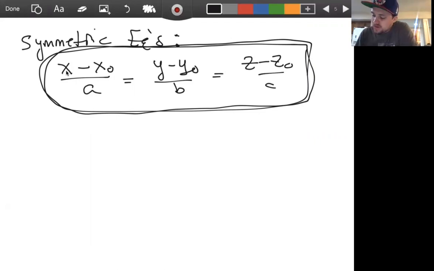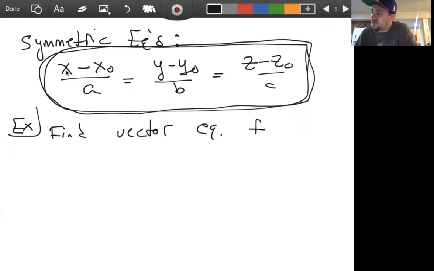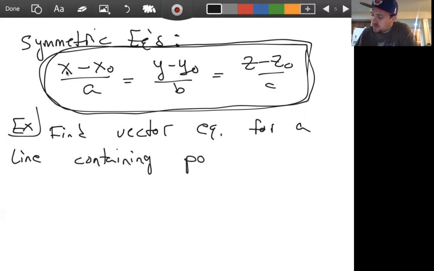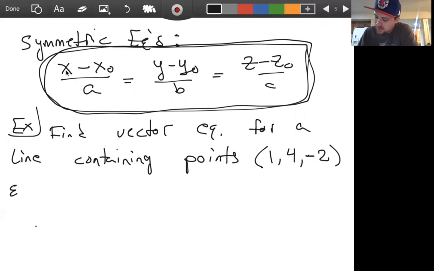So let's do an example here. Let's find the vector equation for a line containing points 1, 4, -2, which will be point P, and point Q, which is given by -3, 5, 0.